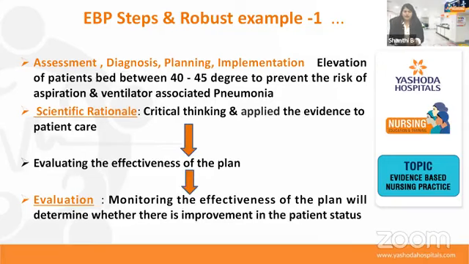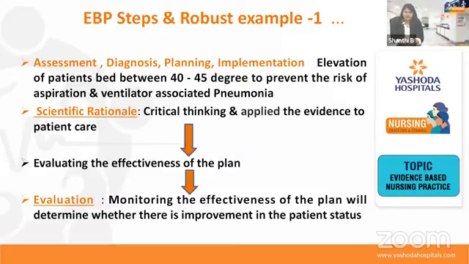As I said, assessment, diagnosis, and implementation are always important. For example, you elevate the patient's bed between 40 to 45 degrees to prevent the risk of aspiration and ventilator-associated pneumonia. Maybe 20 decades back, we didn't know why we elevate the patient's bed.